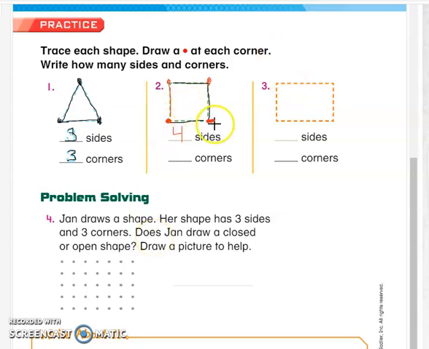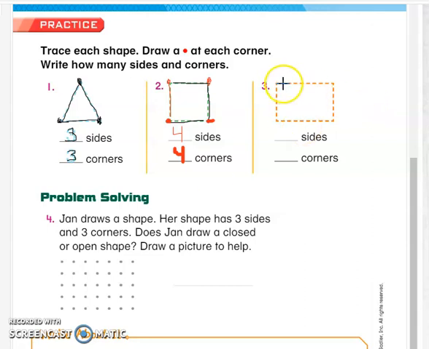Okay, so now I have 4 corners. Now for you guys, this is going to be way easier to do in your math workbooks with a pencil. Miss Cleveland's trying to figure out how to do it on the screen. So for you guys, you should be able to just draw a little circle in each corner so you can see the points, you can see the corners where the sides are hitting each other.